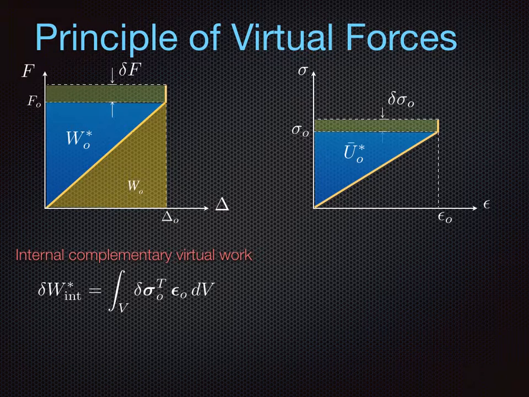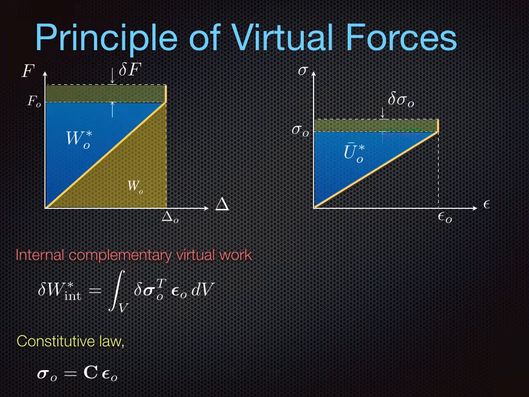We can rewrite the statement slightly differently by using the constitutive law, which here we are assuming to be the linear elastic constitutive law that relates the stresses sigma sub 0 to the strains through the material stiffness matrix.